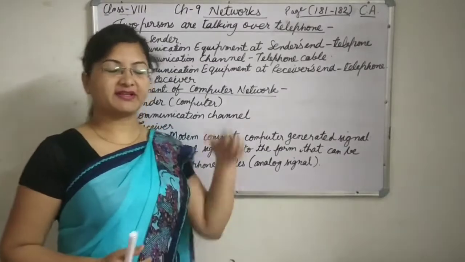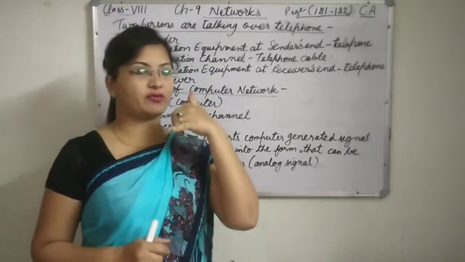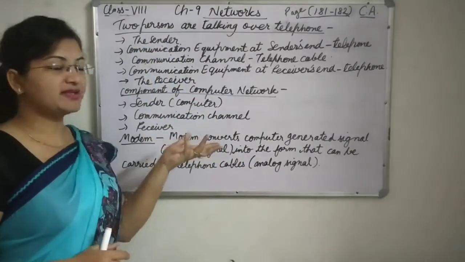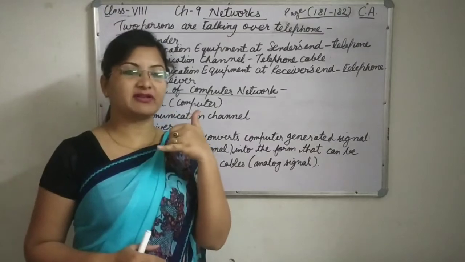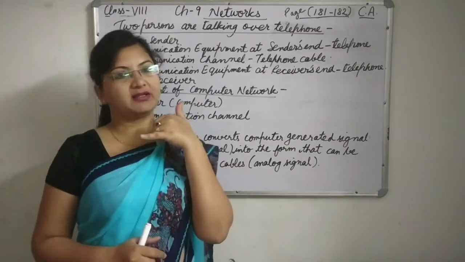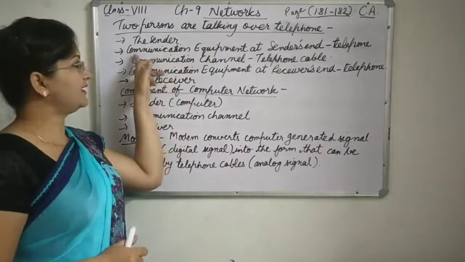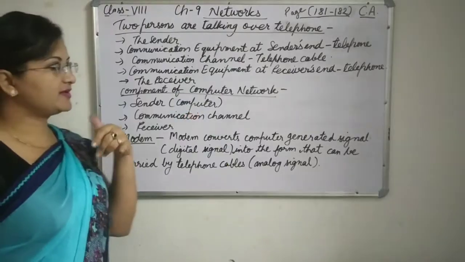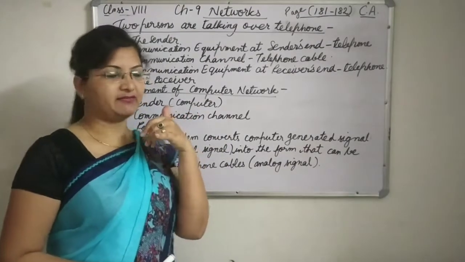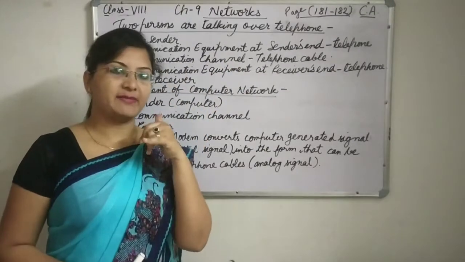Now students, we will discuss the components required when two people are communicating over telephone. First of all, sender will say something, but where? It will speak something in the telephone. So the sender, and the second thing is the equipment used by the sender, that will be the telephone. Then communication channel is required. What will be the communication channel?